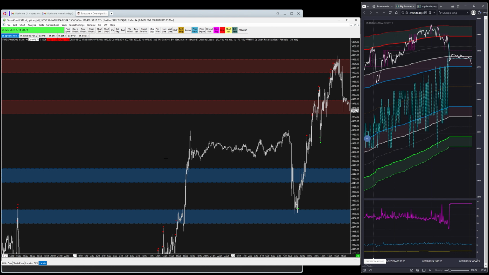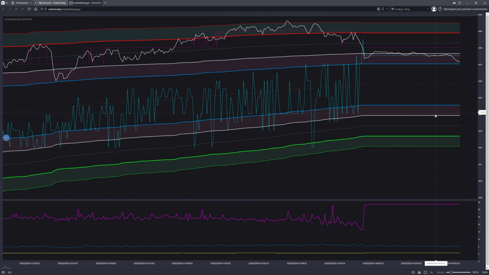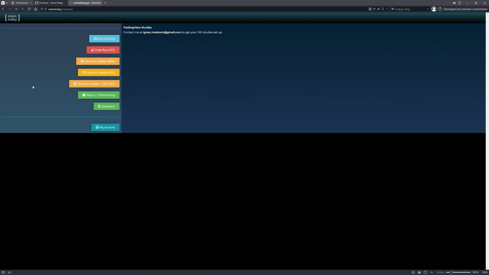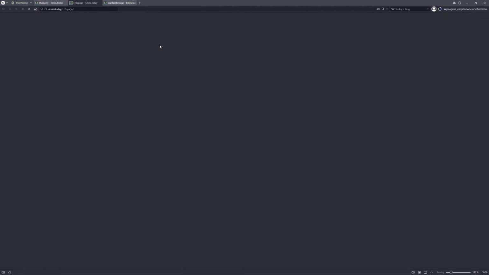And what it is based on is basically this terminal tool. I think it will be better visible on options ladder AES.